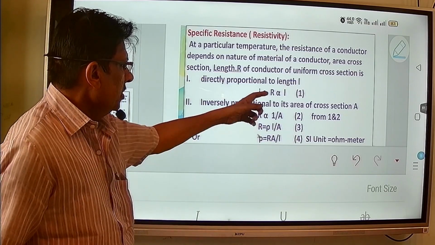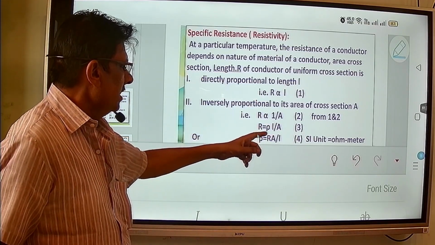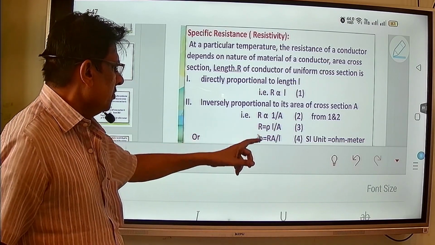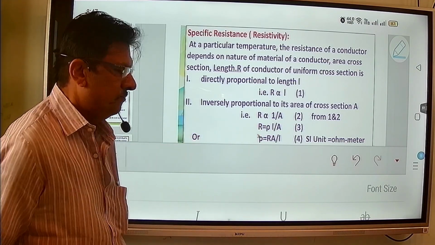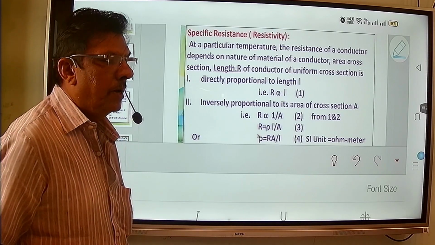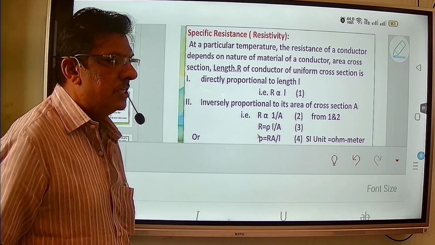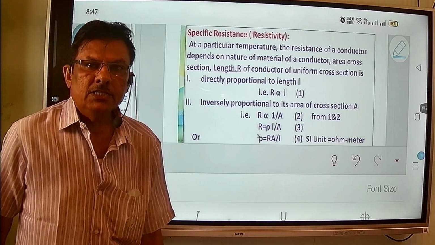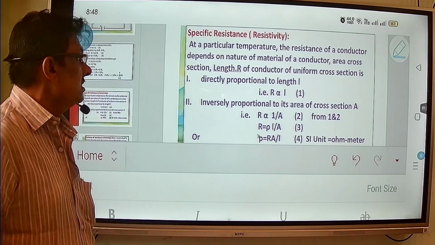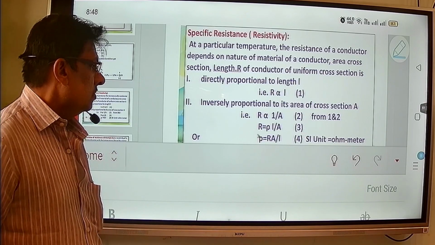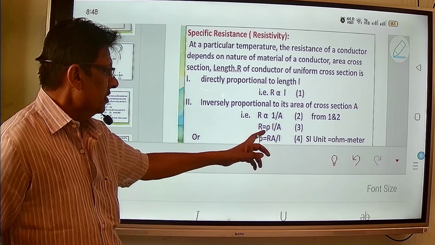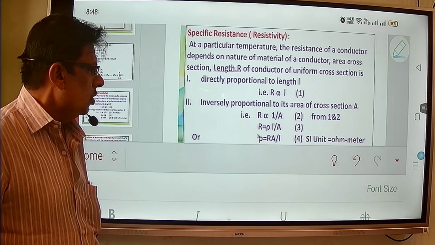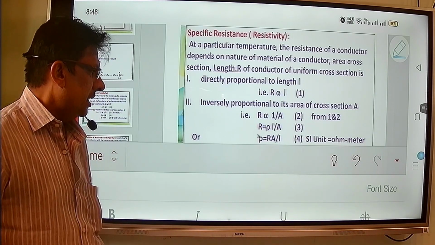And if I put equation 1 and 2 together, I get a new equation by replacing the constant of proportionality by rho. And this rho, which is the constant of proportionality, is called resistivity. Now if you look into equation 3, we get R is equal to rho L upon A.